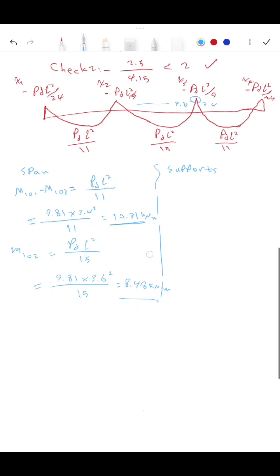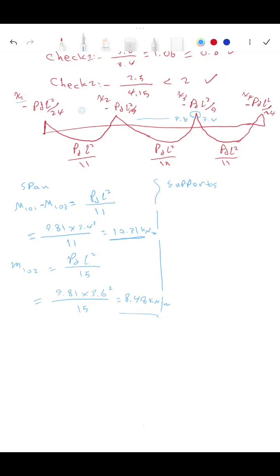Okay, for the supports, first of all, we have x1, x2, x3, x4. We named them as x.